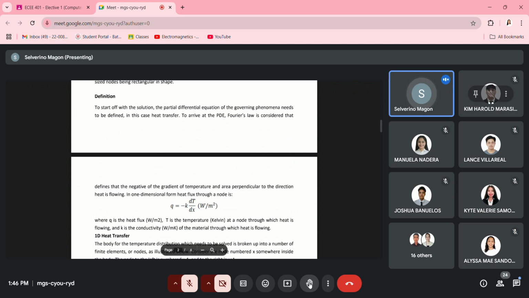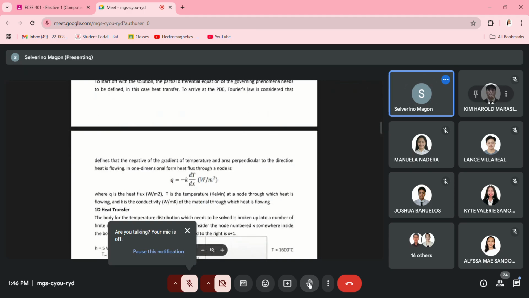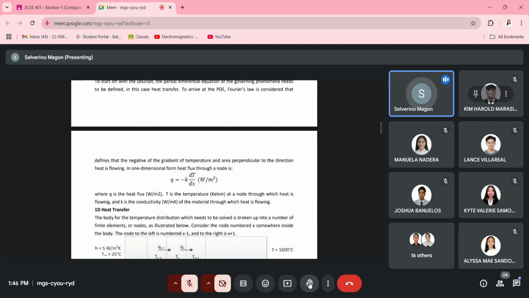So you have to take note of the following. Q is the heat flux. T is measured in Kelvin. We can transform this into some centigrade values, so we will be working with centigrade references.